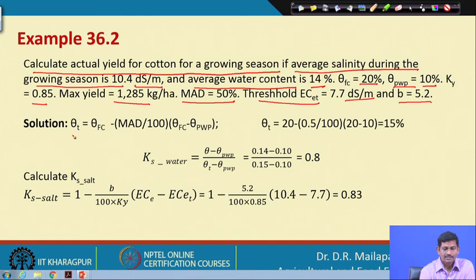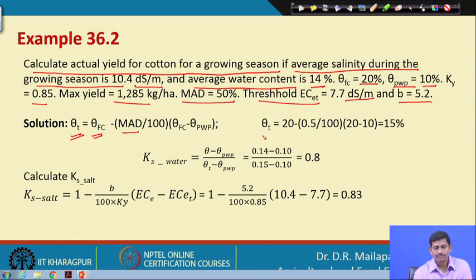First of all, theta T is the threshold moisture content for which the yield is almost constant. Beyond that, the crop shows yield reduction. That is theta FC minus MAD by 100 into theta FC minus theta WP.